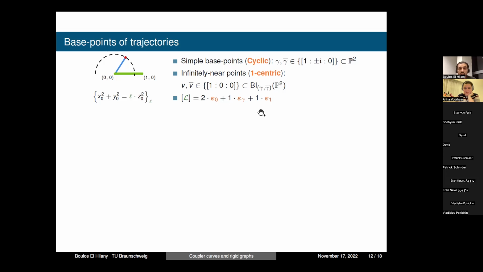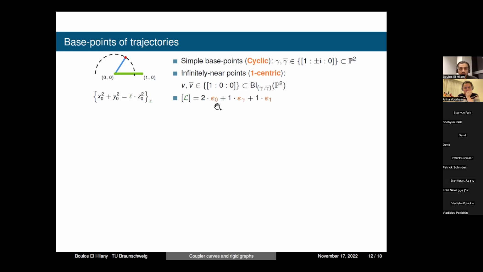So now I have L, the class of this coupler curve. It is the degree, so a coefficient times epsilon 0, which gives me the degree of the curve, and in this case it is of degree 2.